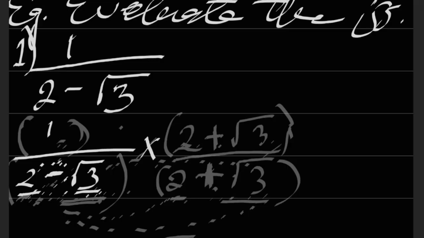Let's do this multiplication now. This will be 2 plus root 3 all over 2 plus root 3. Yes, I said it. If this place is minus, it's plus that we'll be using for the numerator and denominator, while if it is plus, it's minus we are going to be using to multiply the numerator and the denominator.